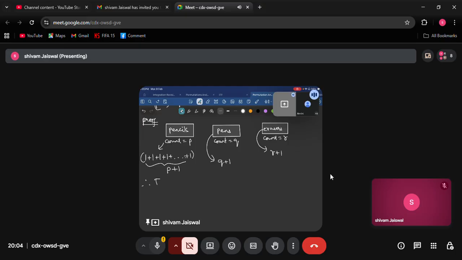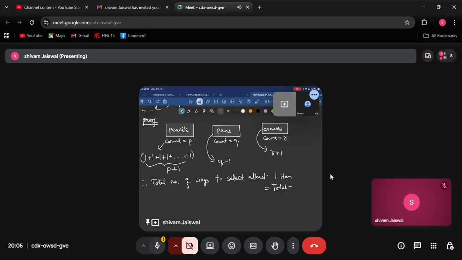So therefore the total number of ways to select at least one item will be equal to total number of selections minus you select nothing.